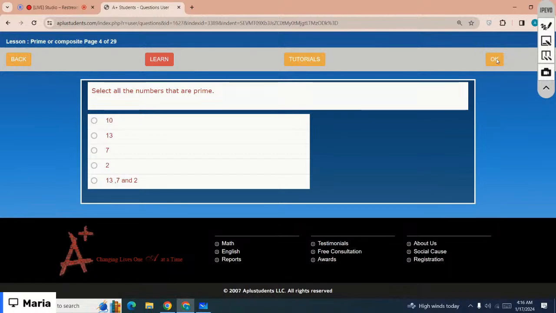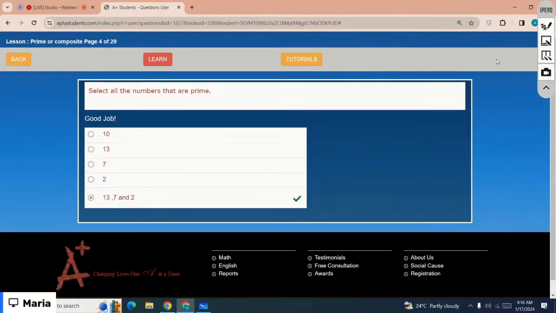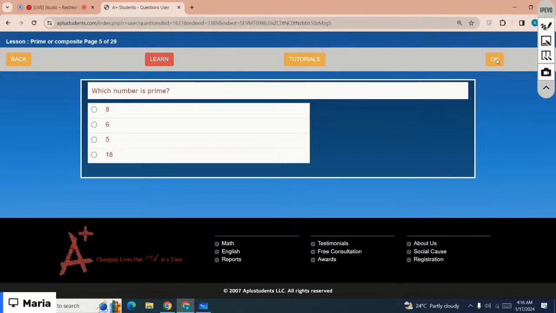Which numbers are prime? Yes, they are 2, 7, and 13. Very good. The last option is the correct one, right?